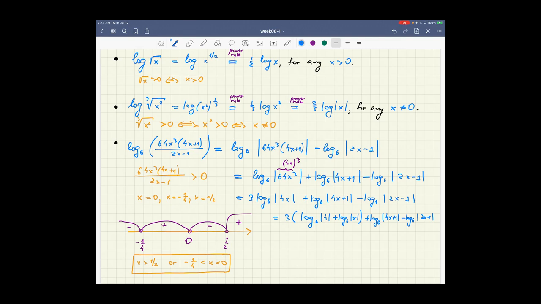All right, so we have simplified it to this point. I can, of course, drop absolute value around 4.